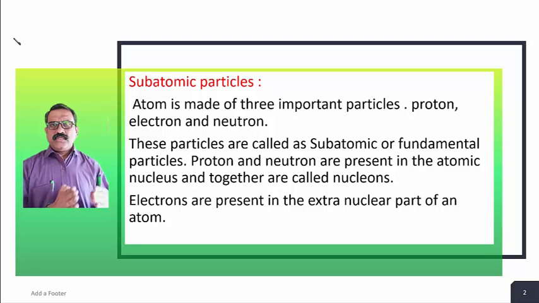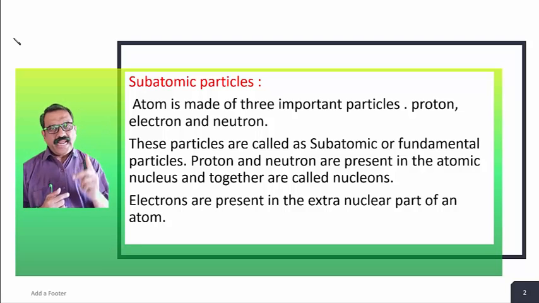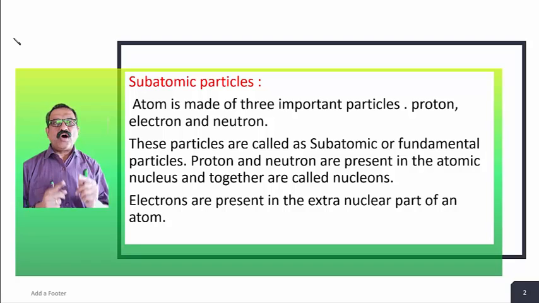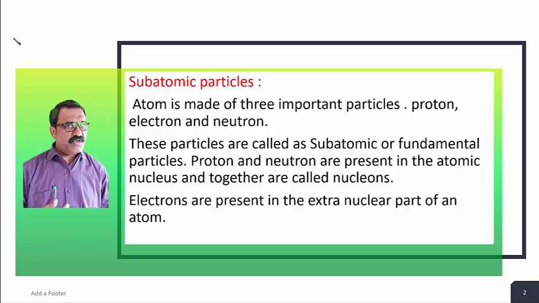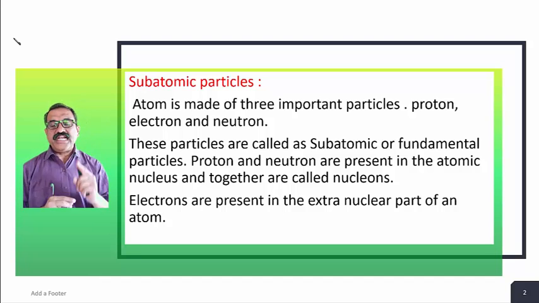Then proton and neutron are present in the nucleus of an atom. Where are protons and neutrons? The protons and neutrons are present at the central place of the atom, which is known as the nucleus.